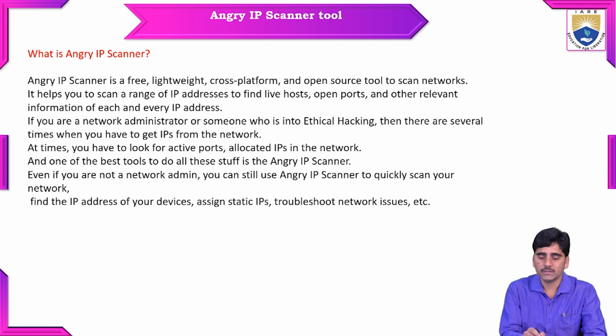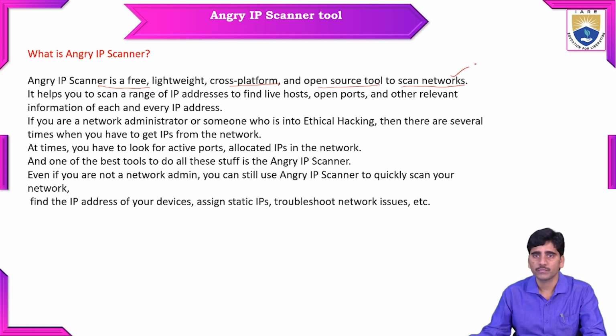Angry IP Scanner is a free, lightweight, cross-platform and open source tool to scan networks. So you can mention that it is a free, lightweight, cross-platform and open source tool. That means it is compatible with all operating systems.